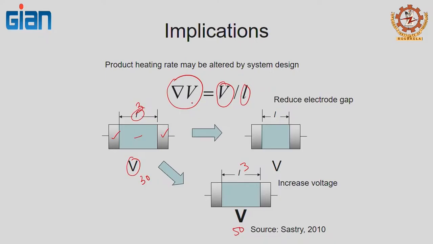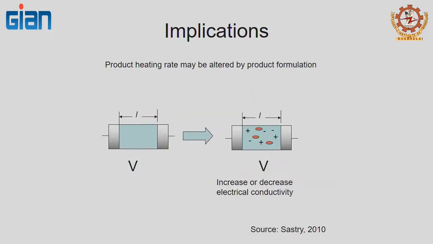So, you can have a higher voltage gradient, or you keep the same voltage of 30, and instead of a distance of 3, you decrease the distance to say 1.5, and then you also change the voltage gradient. So, there are a number of ways you can change these properties.